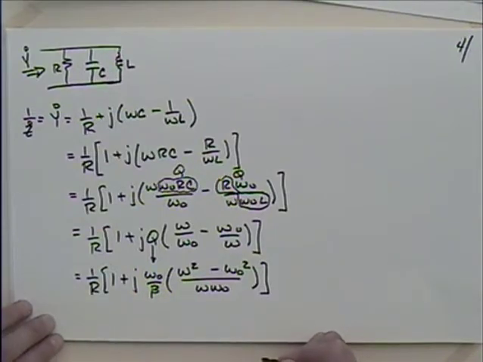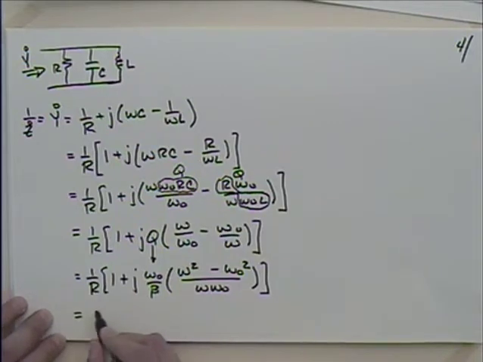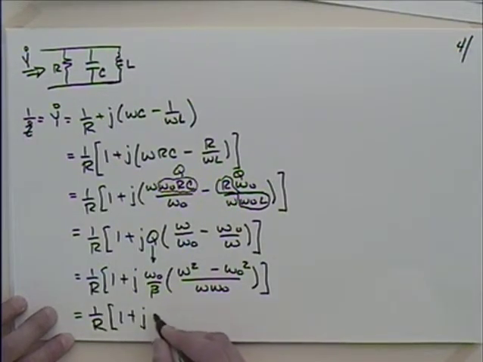Difference of 2 squares, right? Yeah, difference of 2 squares. So I could say then that this would be equal to 1 over R times 1 plus J. Then how do I want to do this? I get to cancel this with that, right?